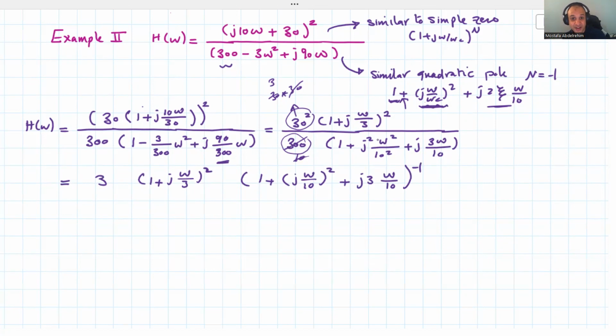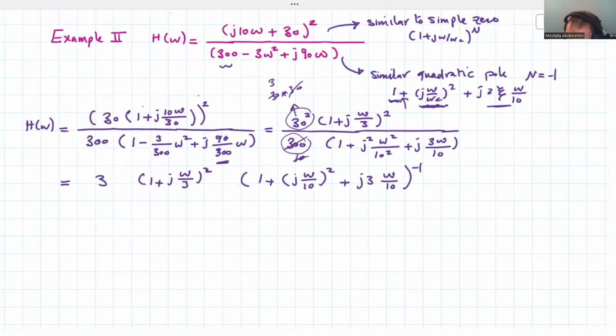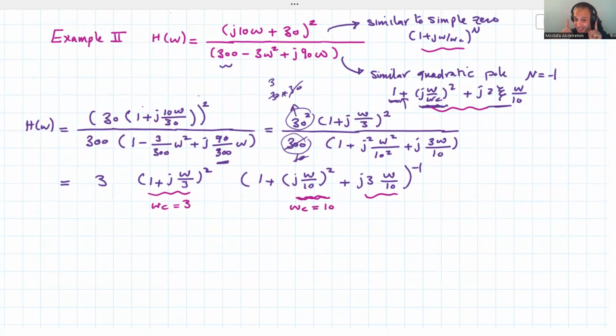Now let's compare. Let's go back to the color here. That guy here is similar to that guy, with omega c equal to 3. And this guy here is similar to this one with omega c equal to 10. You can deduce that from that term or that term, and they must have the same omega.